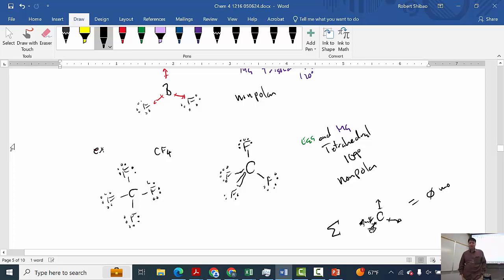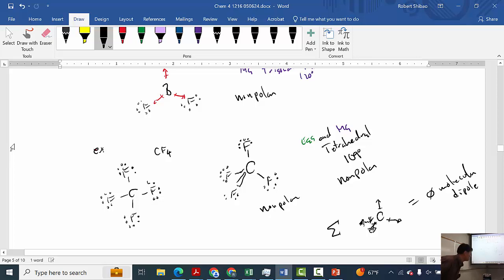And so this is spherically symmetric. It's going to be nonpolar because the 4 bond dipoles add up to 0. So the sum of the bond dipoles equals 0, no molecular dipole. So it has very polar bonds, but it's a nonpolar molecule. So carbon tetrafluoride is nonpolar.